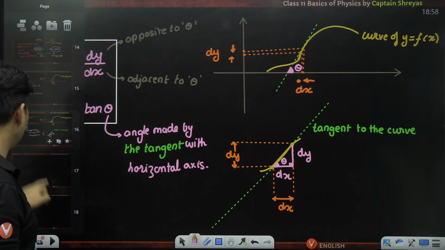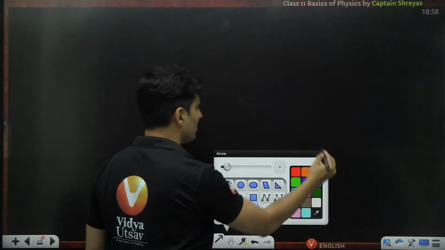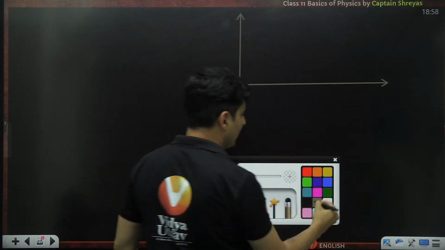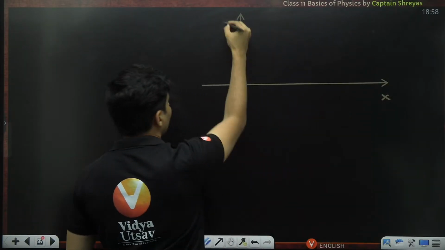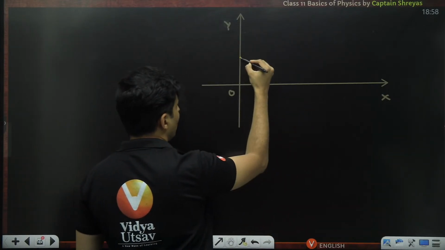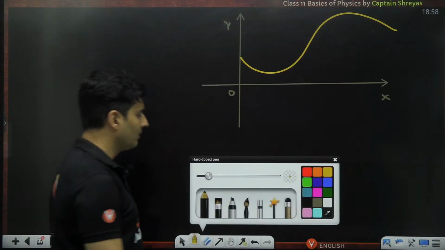Let me demonstrate this to you with an example. You will be astonished to see this. Imagine I have this x and y axis again, and let's say some random curve I'm drawing. Okay, some random curve.